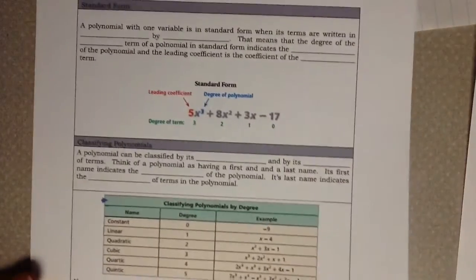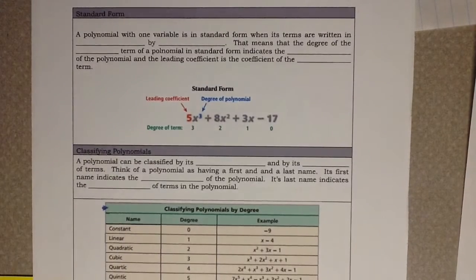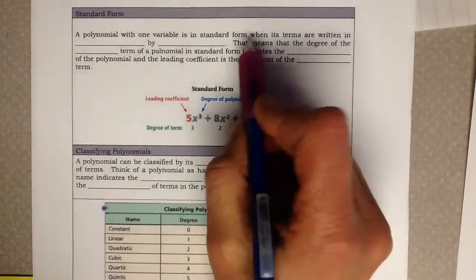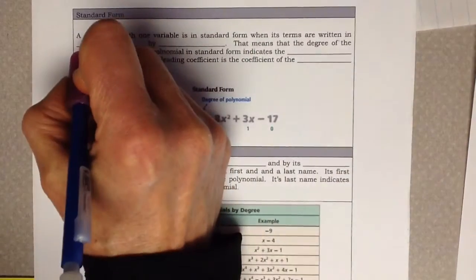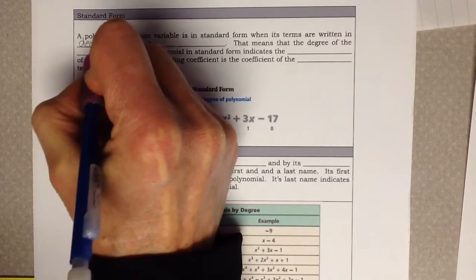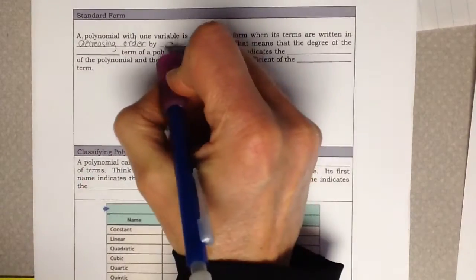All right, now the other thing that we need to do is put polynomials in standard form, and we did this with quadratics, when we were using the quadratic formula. It had to be in standard form. So a polynomial with one variable in standard form is when its terms are written in decreasing order by degree.